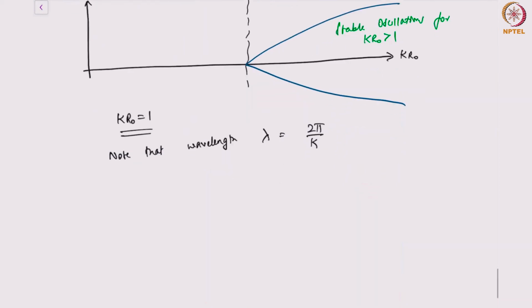So what you now have is 2 pi by lambda times r naught should be less than 1 for instability.